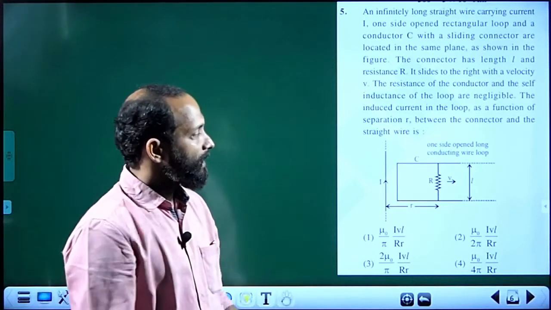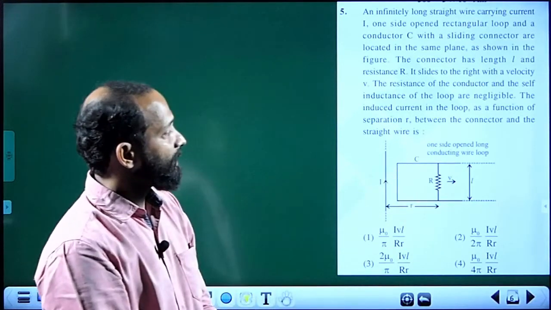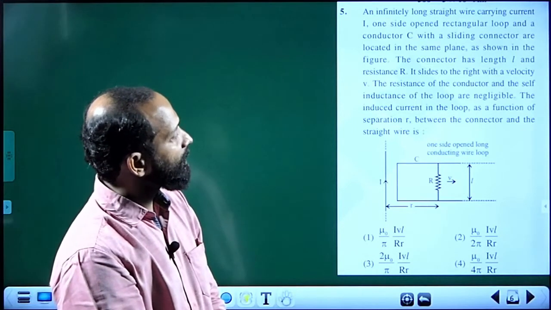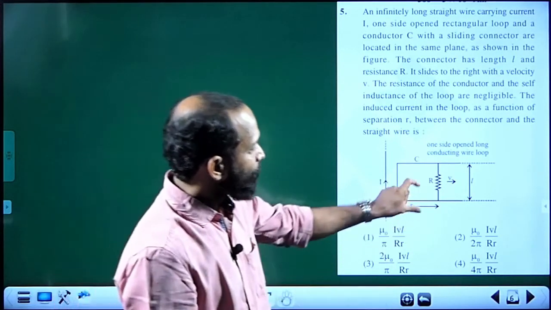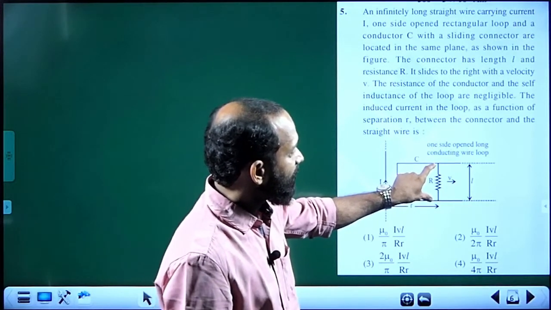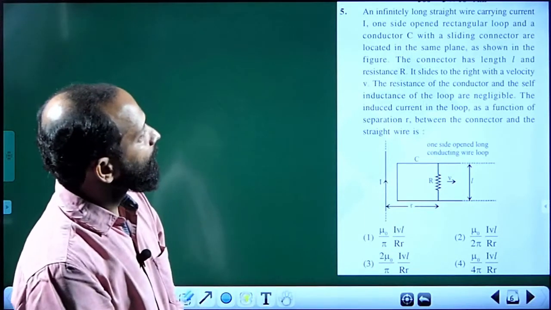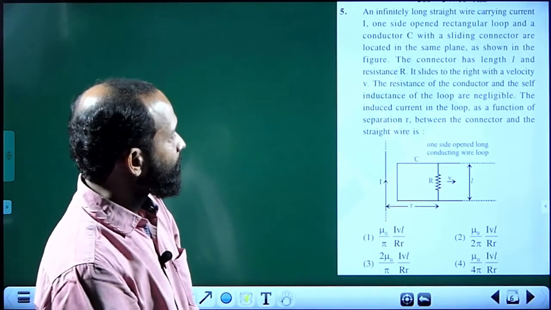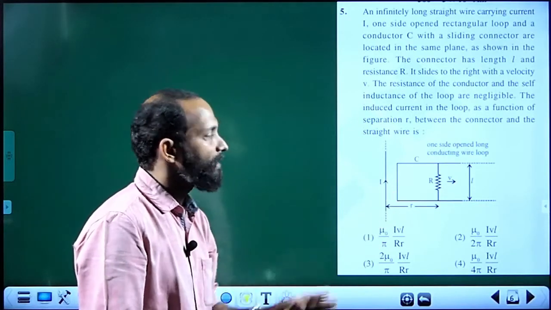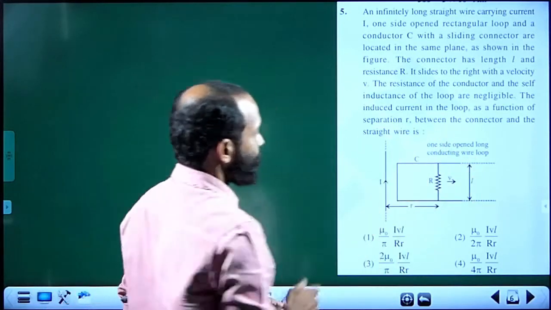we know the conductor is moving here, the sliding part of the conductor having resistance R and length L. The conducting wire of length L and resistance R is a sliding connector, and it moves with a velocity in a perpendicular magnetic field, because the straight infinitely long wire shown to the left side gives a magnetic field to the right of it.